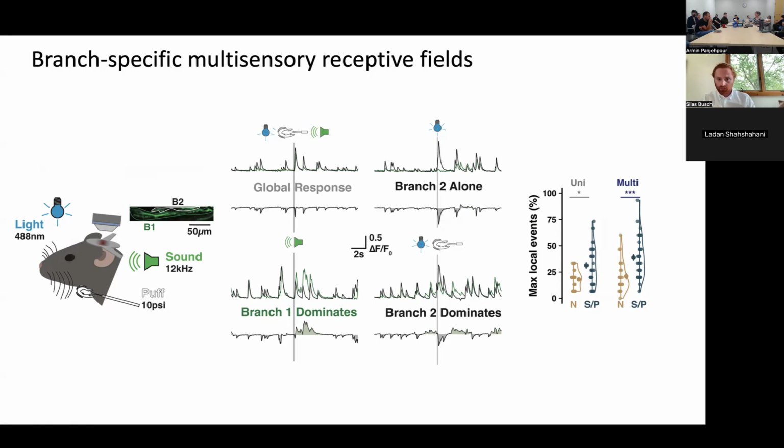because you might predict that once you start combining stimuli, you're going to be more likely to have similar representation across both dendrites because you're stimulating all the possible things that could excite the two climbing fibers. But possibly at this point, you're invoking other parts of the circuit that might help add branch-specific responsiveness. We just don't know at this point.